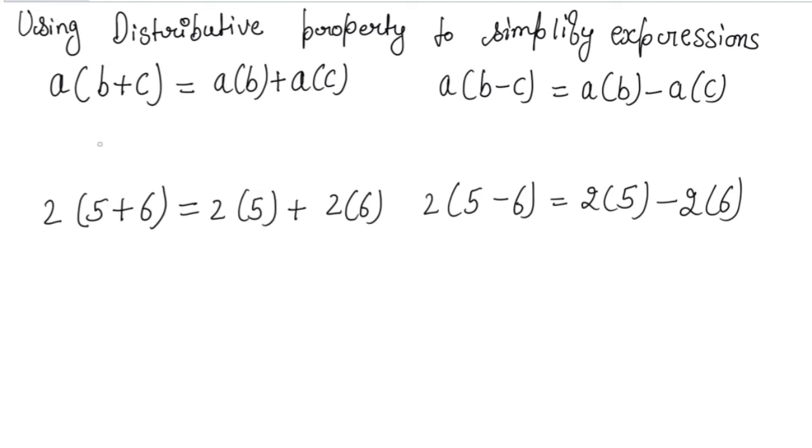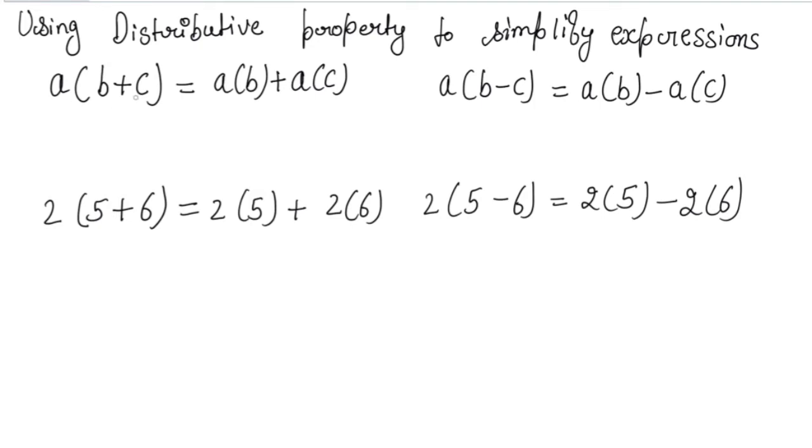So here, A times (B plus C) is equal to A times B plus A times C. So here we distribute A to the B and then A to the C. For more clarity, let's just solve this one.